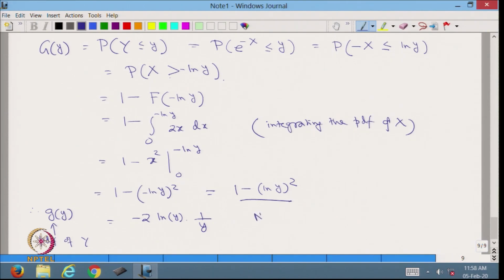Note that in 0 to 1, log y is negative. Therefore, the expression is positive.